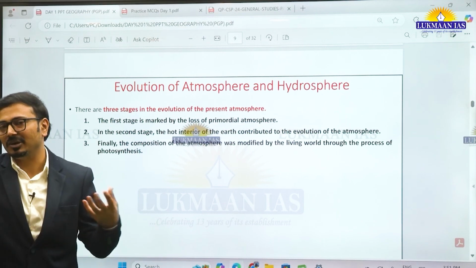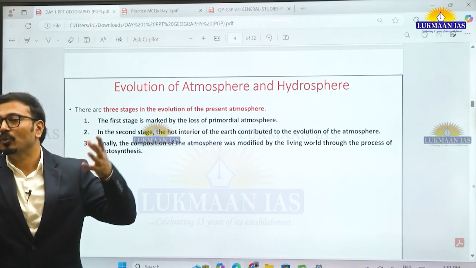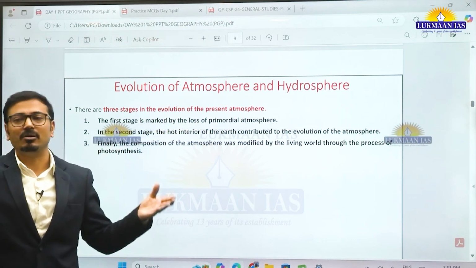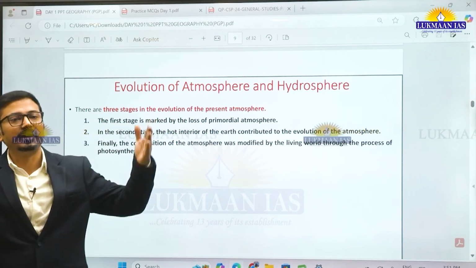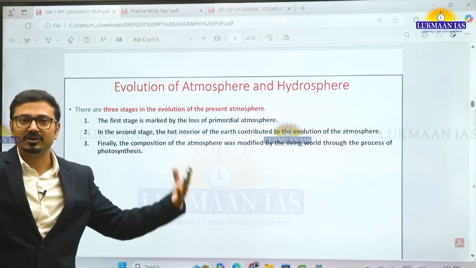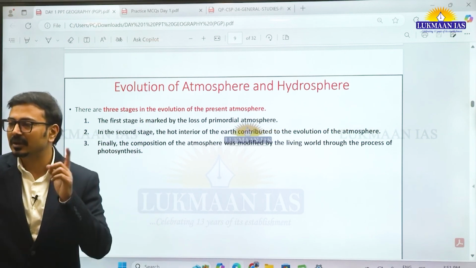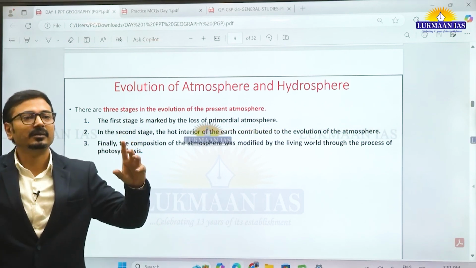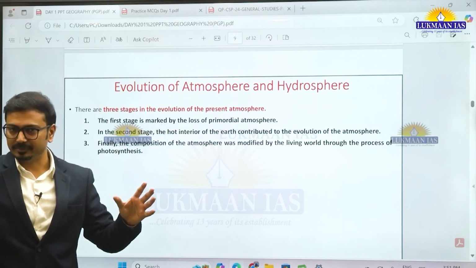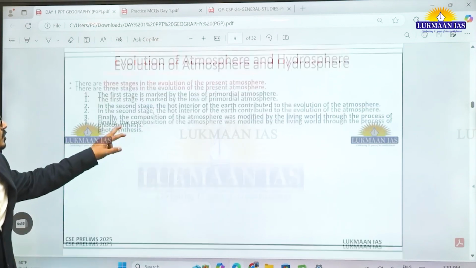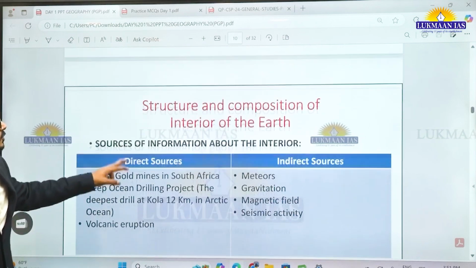All that moisture started moving in the form of the water cycle: evaporation, condensation, precipitation, surface runoff, subsurface runoff, and again evaporation. This is how the hydrological cycle and hydrosphere started. So this is the evolution of atmosphere and hydrosphere.